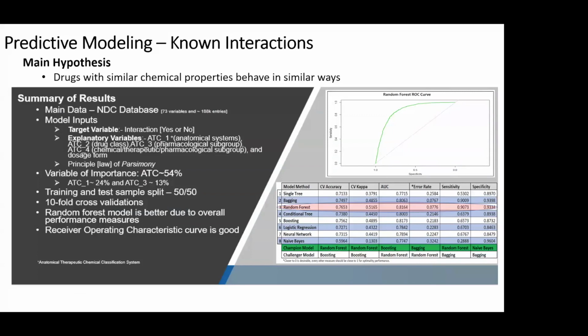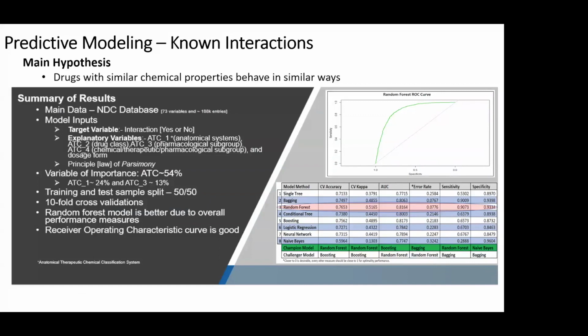We used, of course, 10-fold cross-validation and applied 8 different kinds of models, which you can see in the table on the right-hand side. The first 5, number 1 to 5, are basically ensemble models. And then when we ran the models, we came up with 6 different measures to judge the performance of our model.